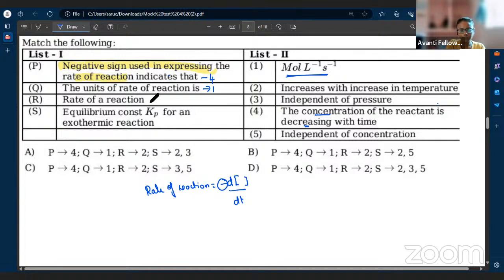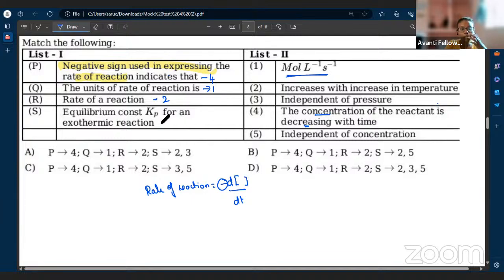And what about rate of reaction? It increases with increase in temperature, or is it independent of pressure, or independent of concentration? It increases with increase in temperature.